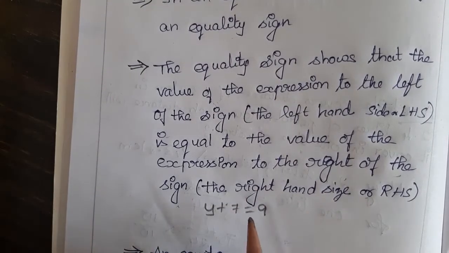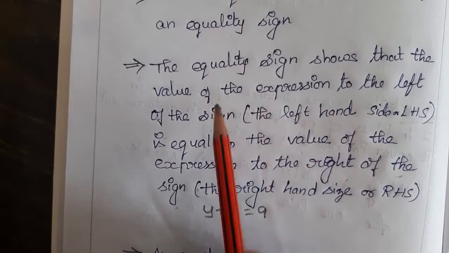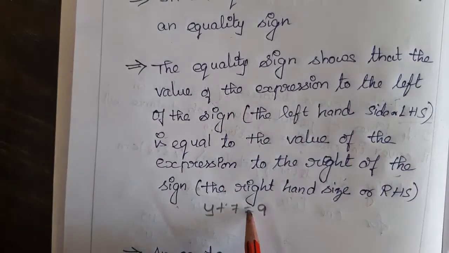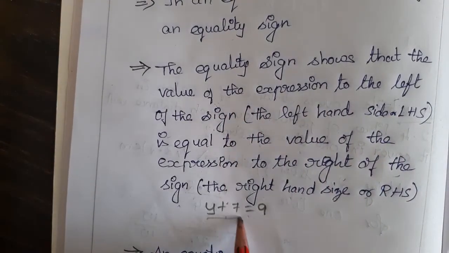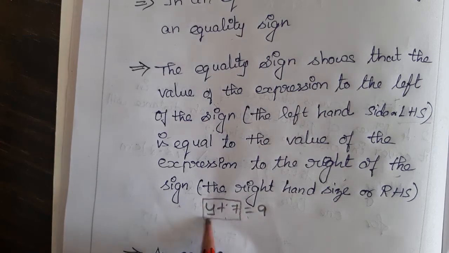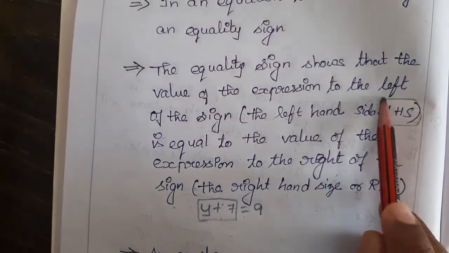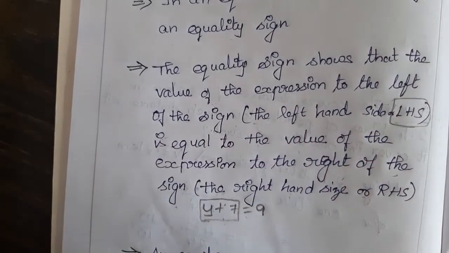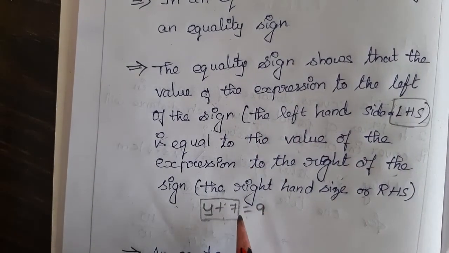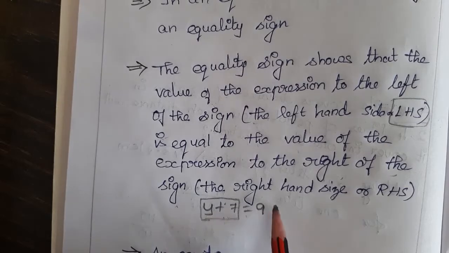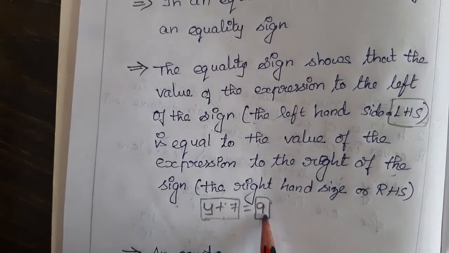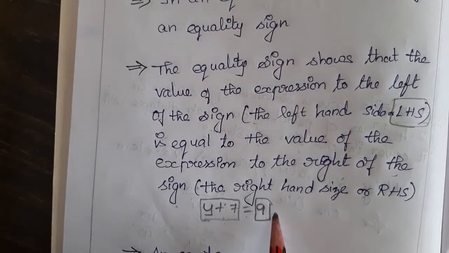Left of the sign there is y plus 7. This we call the LHS, left hand side. Clear? The value of this left hand side will always be equal to the right hand side. The right hand side is 9.